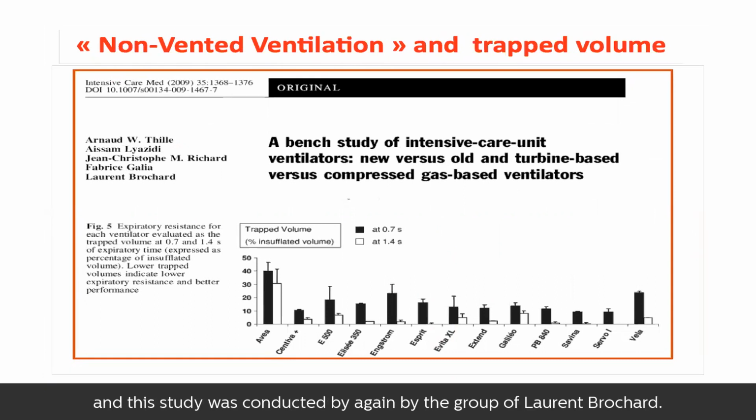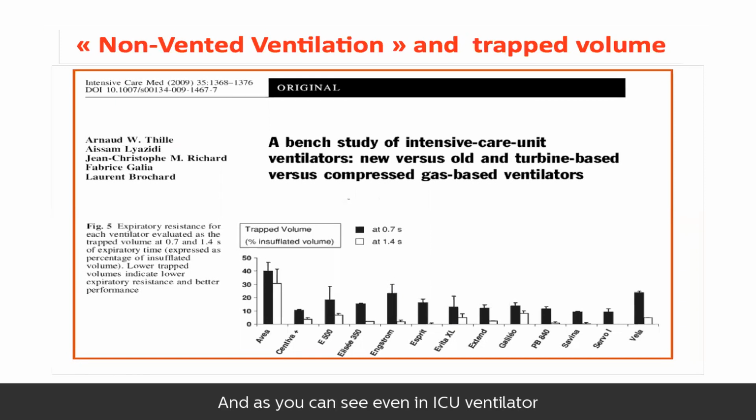And this study was conducted again by the group of Laurent Brochard. And as you can see, even in ICU ventilator, so we are speaking of a very powerful ventilator, when the patient is breathing with a low respiratory time, 1.5 seconds, that meaning breathing at 30 of respiratory rate, or even breathing in children, for example, at 60 of respiratory rate, the amount of trapped volume due to the valve can reach up to 40%.